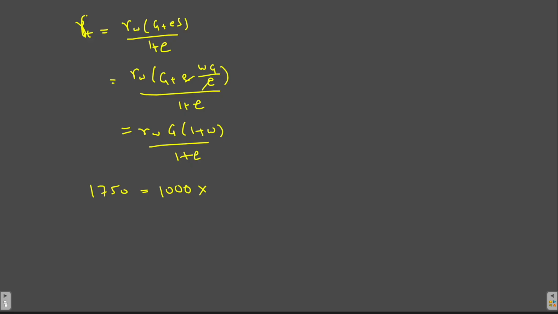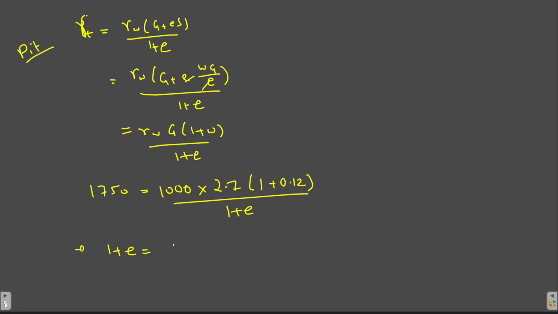G is given to you in the question as 2.7. The water content was given to you. The water content was 12%. This is for pit. Okay, I'm calculating it for pit. The water content is given to you as 12% by 1 plus E. So this is a very easy question, right? So 1 plus E will be how much?